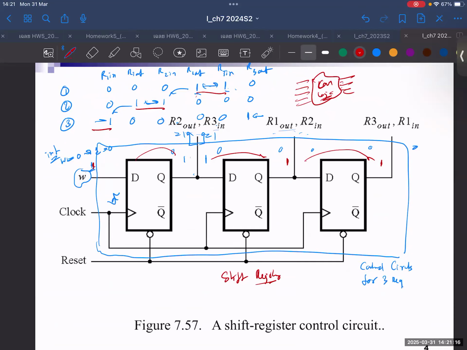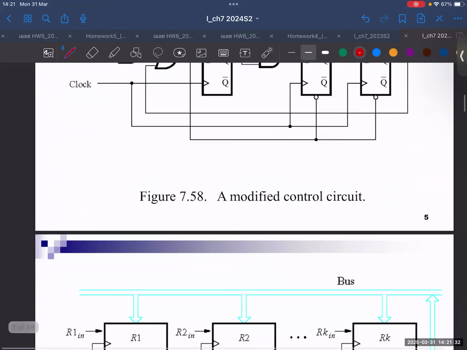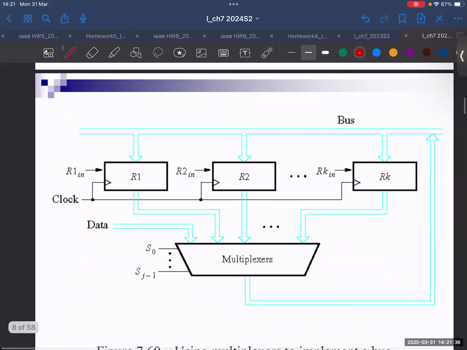Swapping these two registers, right? And also with this hardware. But if you change the hardware, of course, you will change the control circuits, right? The way that you want to control these signals, you can change it. For example, let's say this example first.